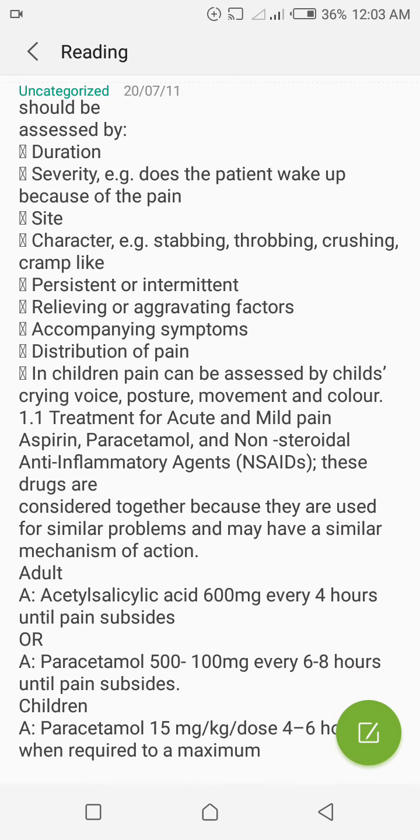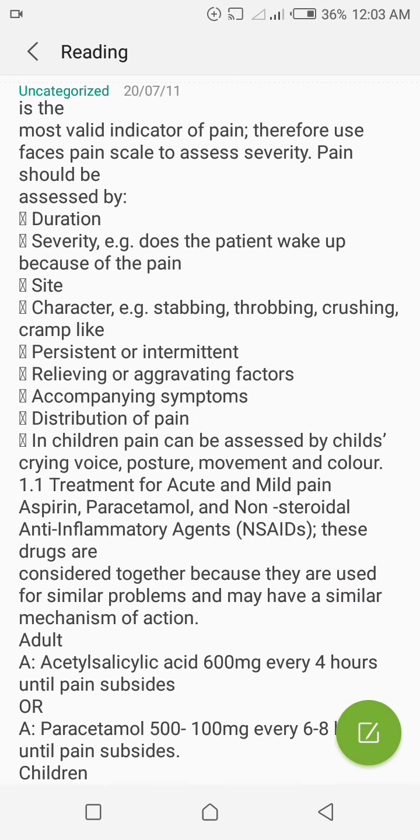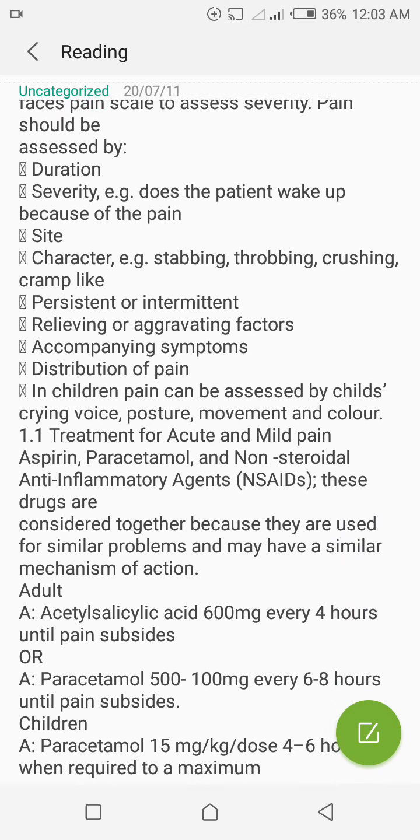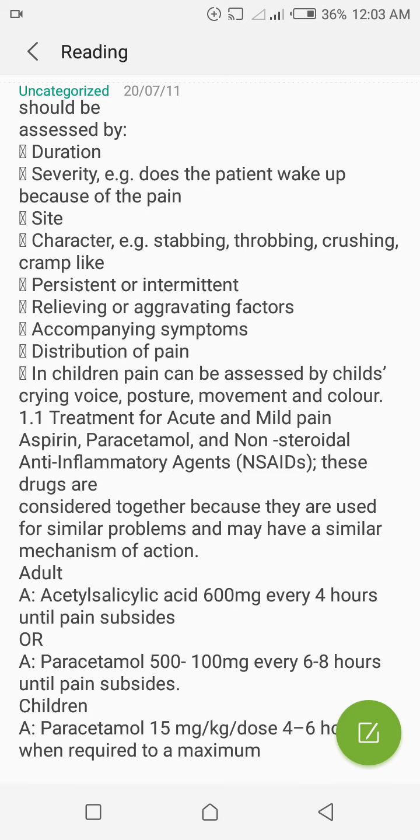All those factors you can easily use in a pain scale for assessing, especially in children who cannot talk, who cannot explain which specific body part they are feeling pain from.